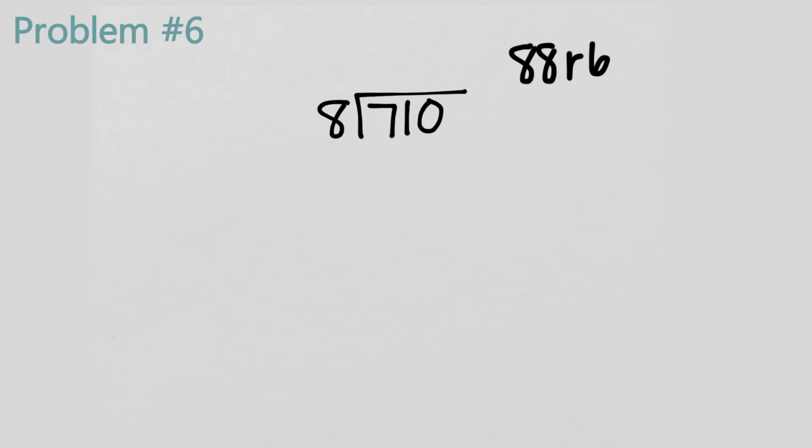Let's go over the problem together. How many times does 8 go into 7? 0 times. How many times does 8 go into 71? 8 times. 8 times 8 is 64. Subtract.